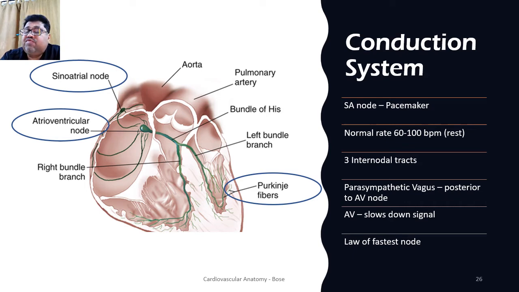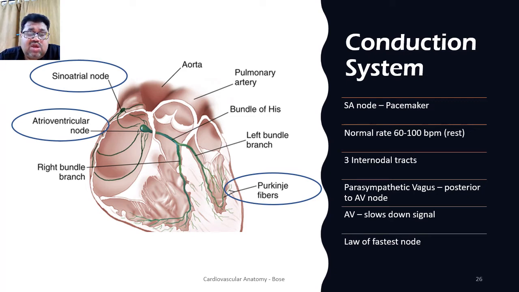The major function of the atrioventricular node during each cardiac cycle is to slow down the cardiac impulse that has arrived there from the SA node, and it does so because it has a very high resistance. So the signal slows down to get through the AV node.